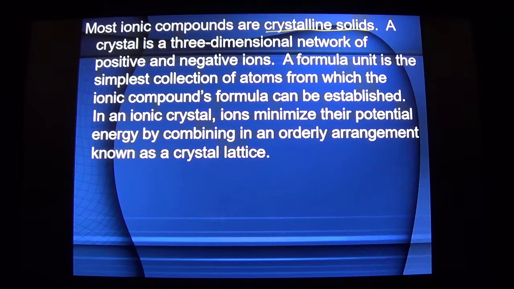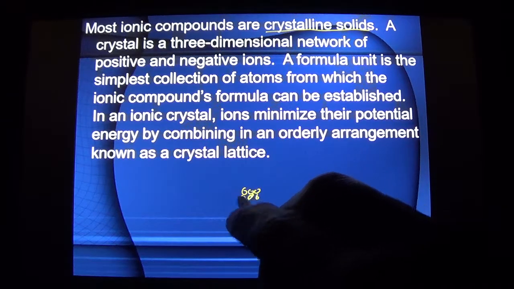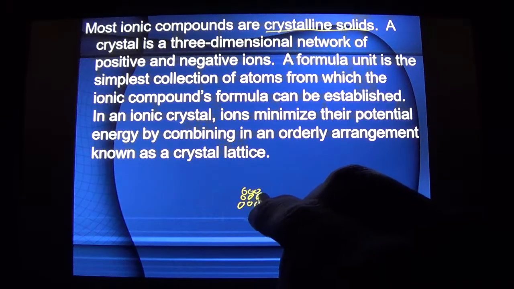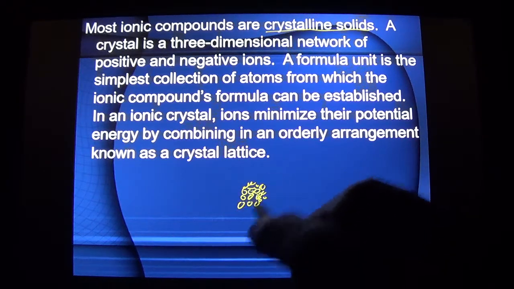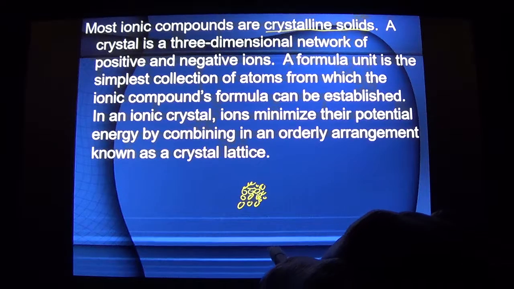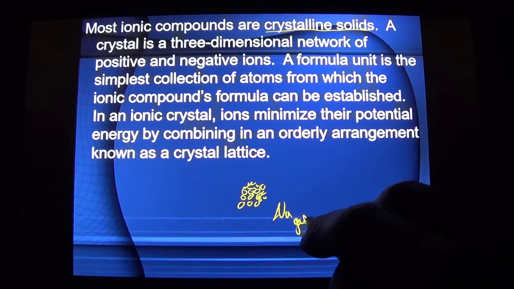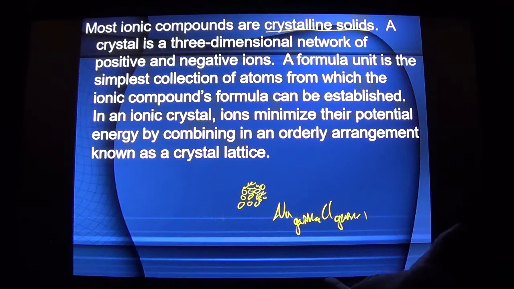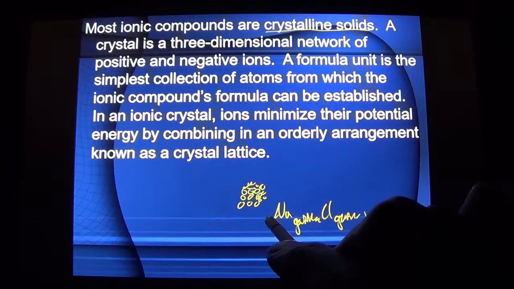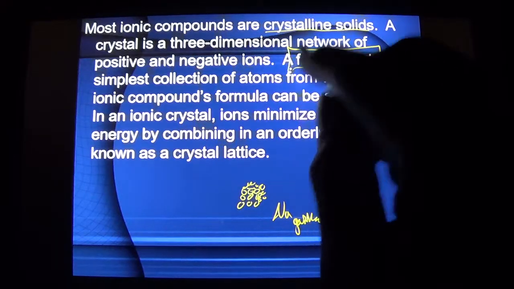If I have a bazillion positives and a bazillion negatives, all located three-dimensionally around, whether in a square shape or whatever, I don't want to have to write that down. I don't want to write Na gazillion, Cl gazillion. We'll reduce to the lowest whole number ratio. For an ionic compound, that lowest whole number ratio is what we call a formula unit.